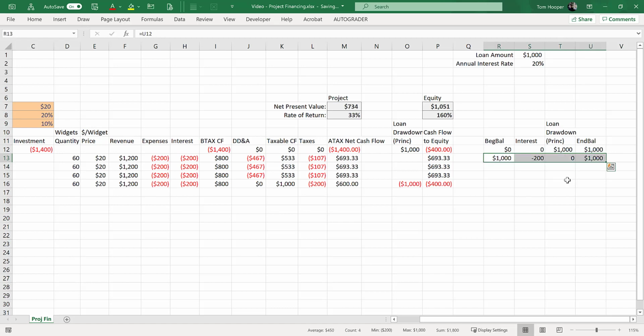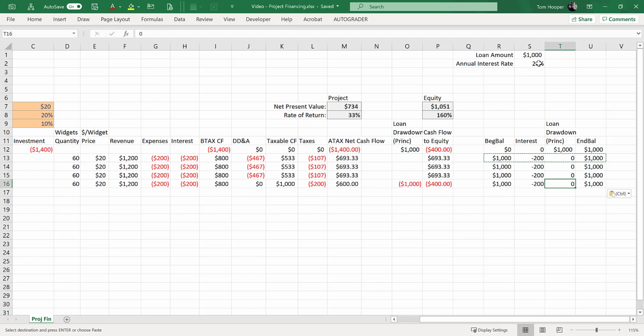Now we're in a position to copy these all the way down until the last year when we need to pay back the loan. Now, had we made any principal payments, this beginning balance might be different than $1,000, different than the original loan amount. So I want to just refer to that negative, and that gets us to an ending balance of 0.